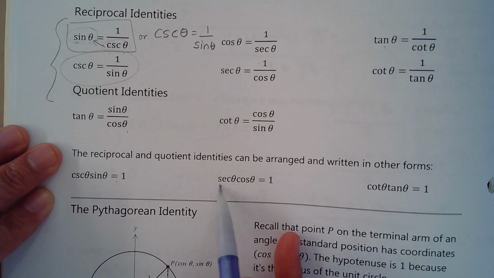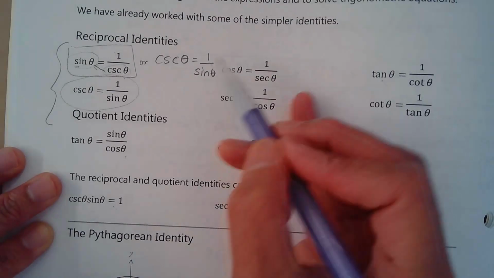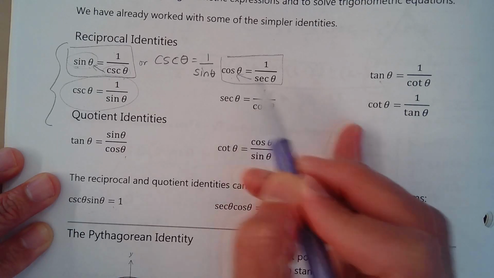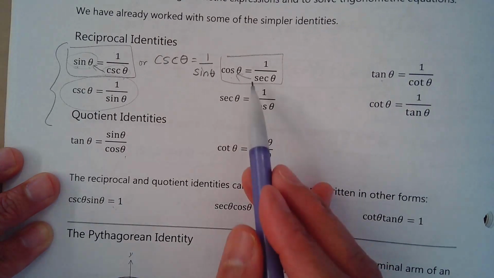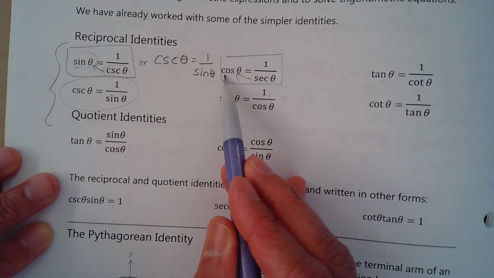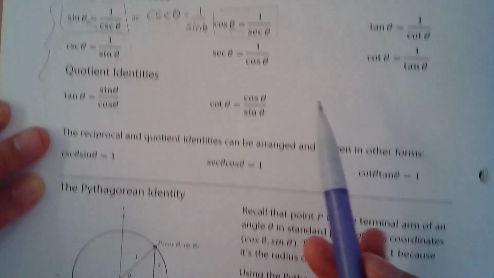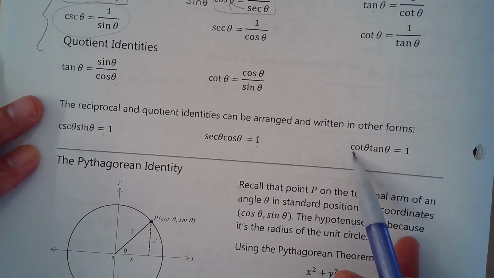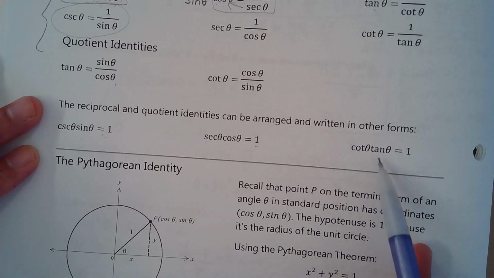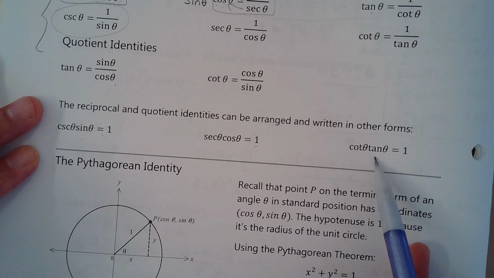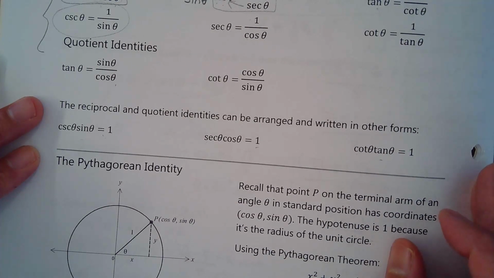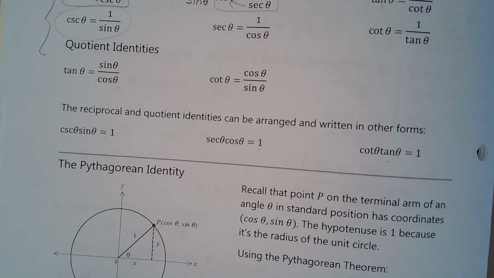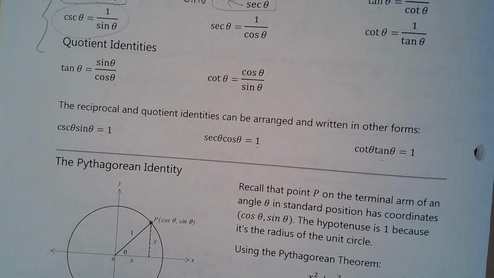How did this come to be? It's this cross multiplied. So secant multiplied by cos theta is equal to 1. And 1 being the radius, yes, you can think of it that way. The radius is 1.